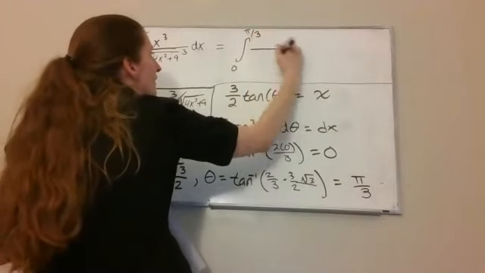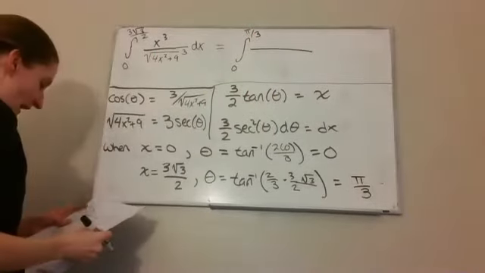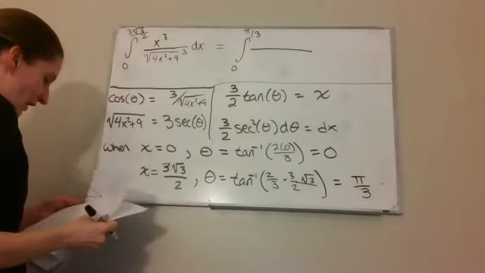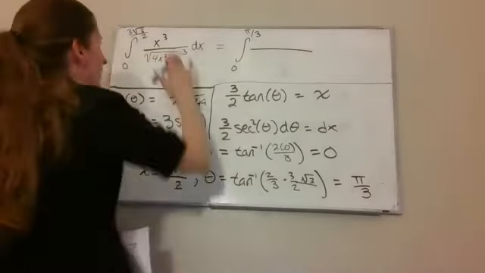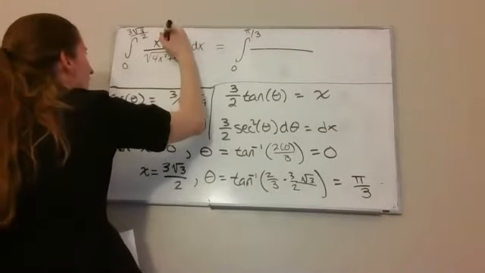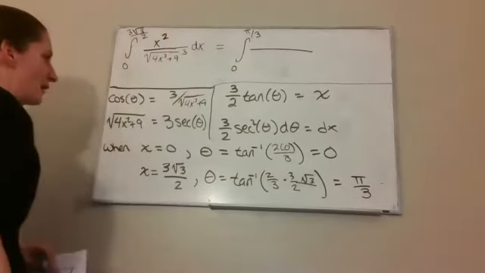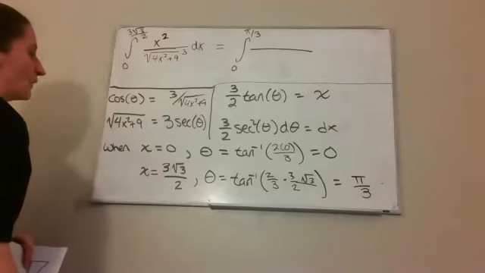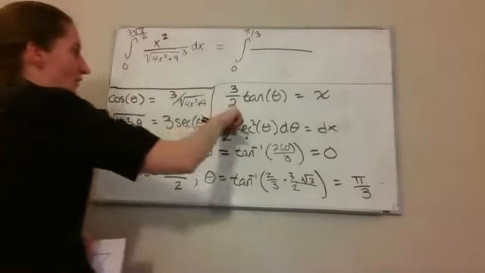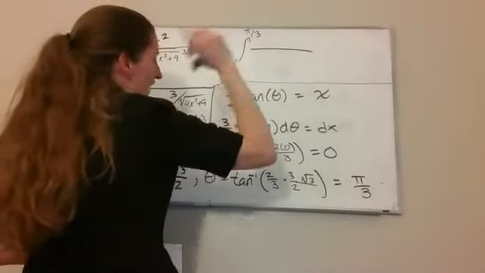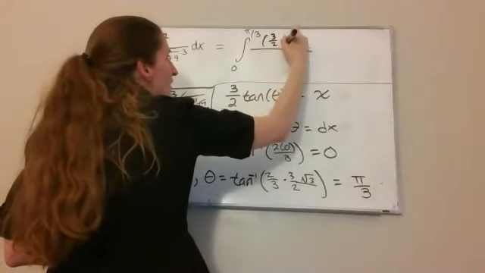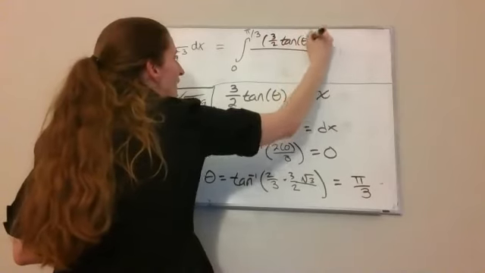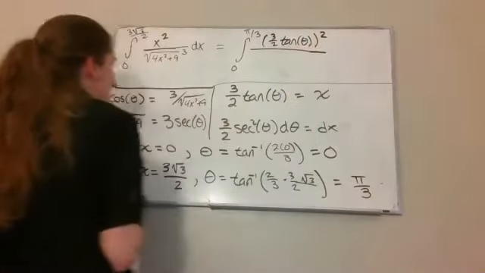On the top, I have, well, it should be x squared, not x to the third. I don't know why I wrote an x to the third there. Our original problem had an x squared. So x squared, x is 3/2 tangent theta. So I'm going to have 3/2 tangent of theta squared.